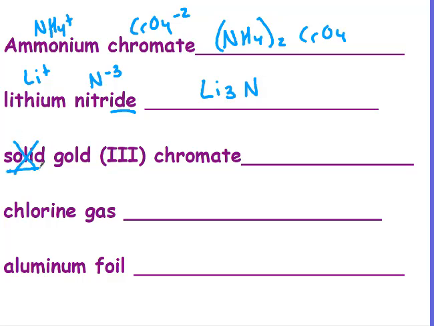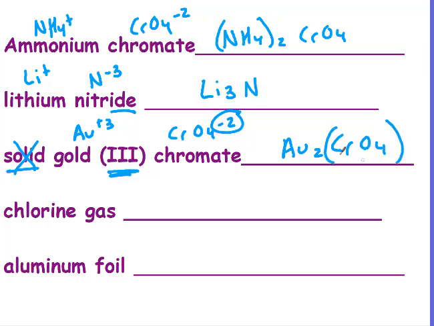It's going to eventually be a state symbol. Gold is Au, and it has a charge of +3. We know it's a +3 because of the Roman numerals. Chromate is CrO4 -2. So we have Au, and then we have a 2 over here, so that's going to be a 2. And then CrO4, parentheses, and then that's a 3, so a 3 there. Chlorine is Cl, but it's diatomic, so it should be Cl2. Aluminum is Al. It's not diatomic, so it's just Al.